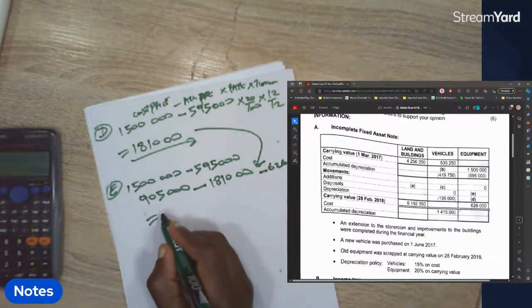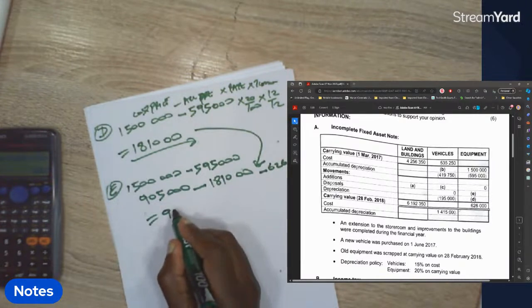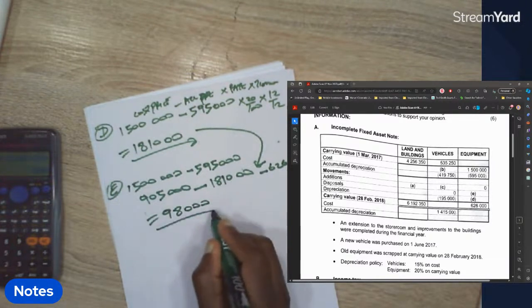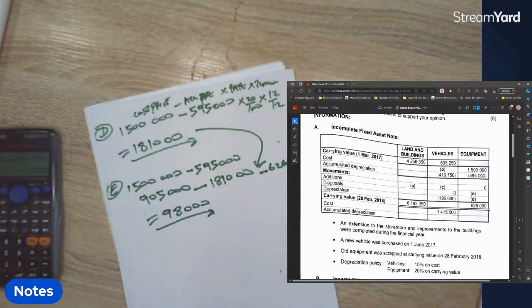So you get now 98,000. So 98,000 is our disposal. It's our figure for UE, 98,000.